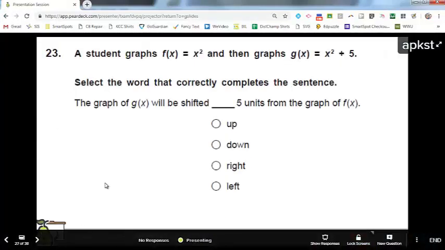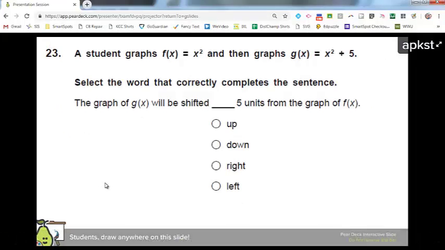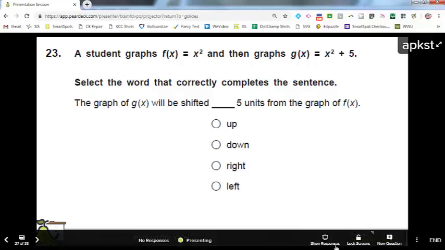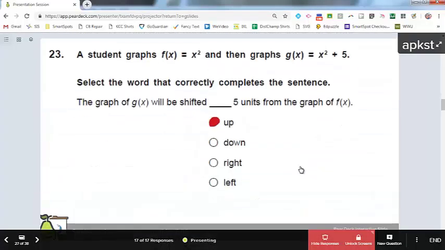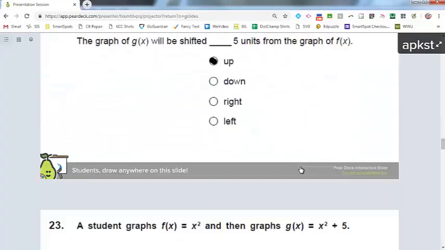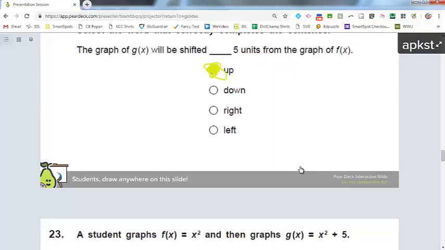All right. A student graphs f of x equals x squared, then graphs g of x equals x squared plus 5. Select the word that correctly completes the sentence. Go. I have up, up, up, up, up, up, up. How can you check this? How do you know if that's what's happening?